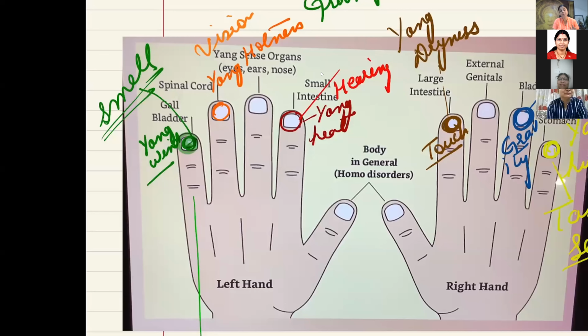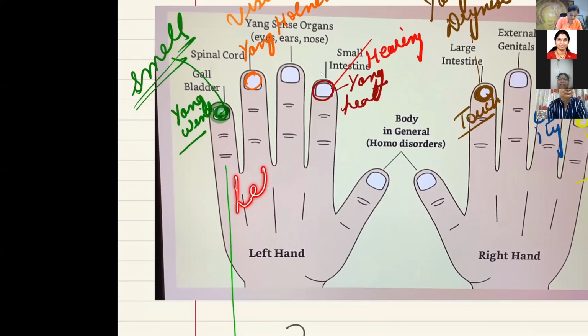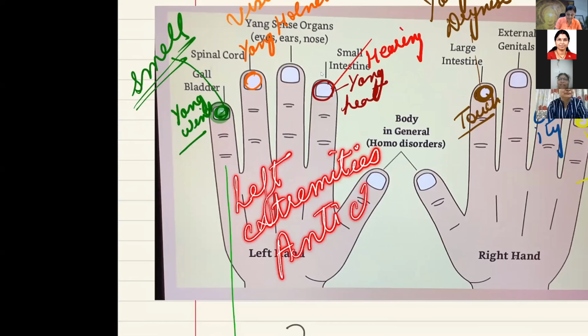Continue until the patient can feel a lot of warmness on the fingertips without burning. And you should write: left extremities. This is very important. Left extremities, anti-clockwise direction.